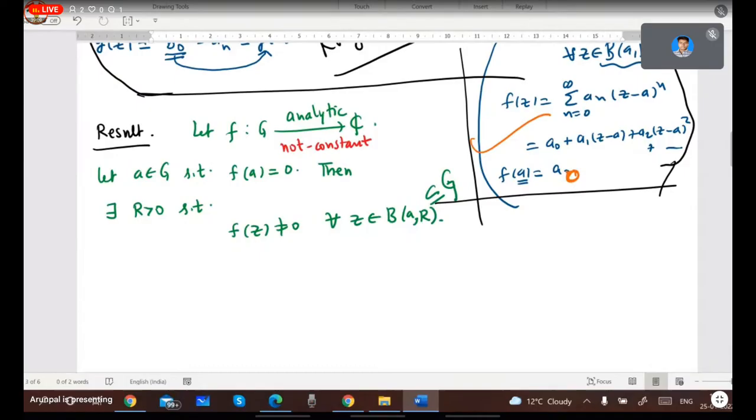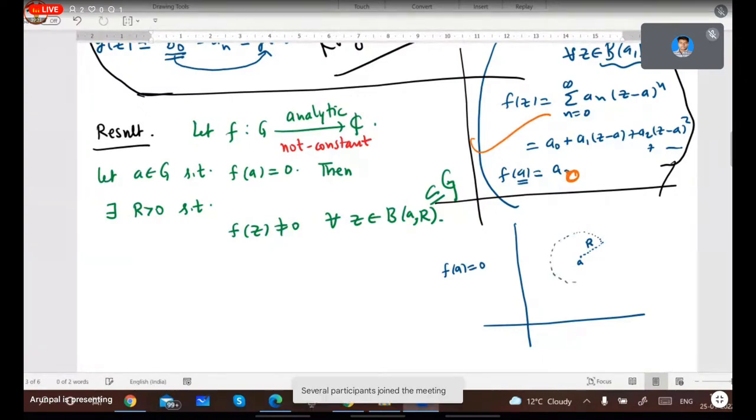So what does it mean simply, class? It simply means this, class, that here is this point A. At this point A, the value of the function is 0, right, class? So this result says that there will be at least one neighborhood around A, at least one, so that at all other points in this neighborhood, the value of the function will be non-zero.